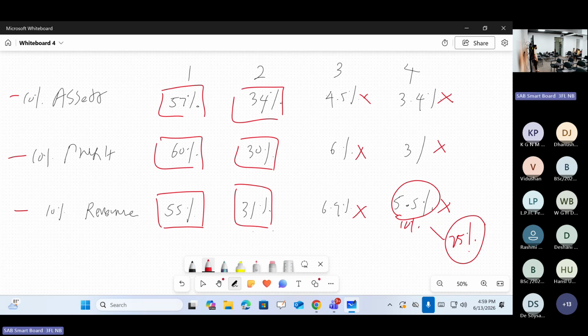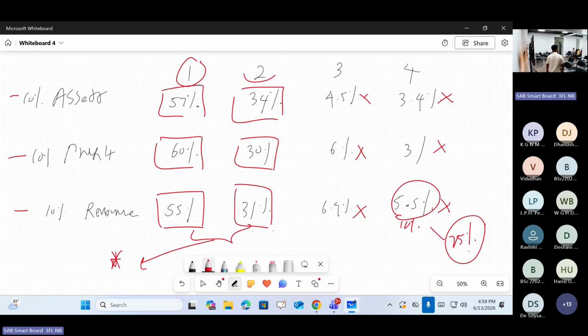Remember that. What I'm telling here: identified segments, what are they? 1 and 2. These two segments should represent 75% of the external revenue of the organization.